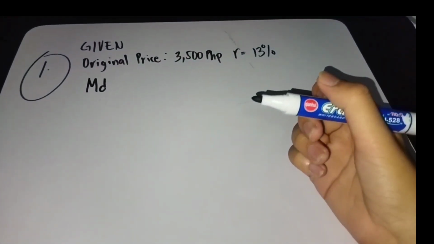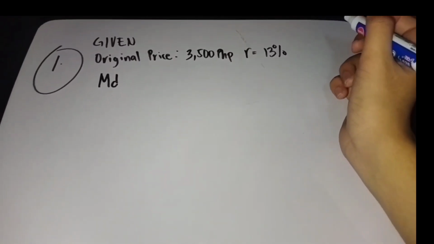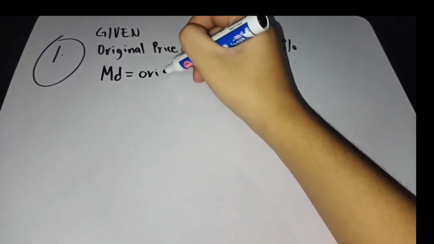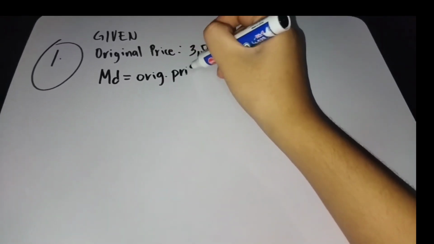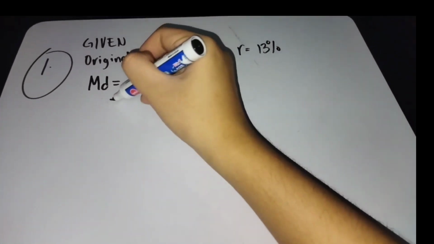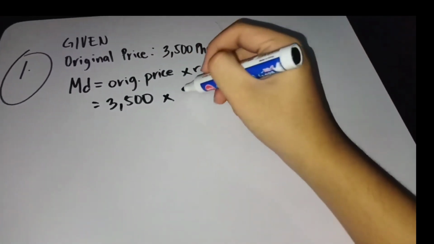And according to our given, we have the original price and the rate. So the formula that we should be using is yung markdown is equal to original price times rate. So replace lang natin, that would be 3,500 times 13%.